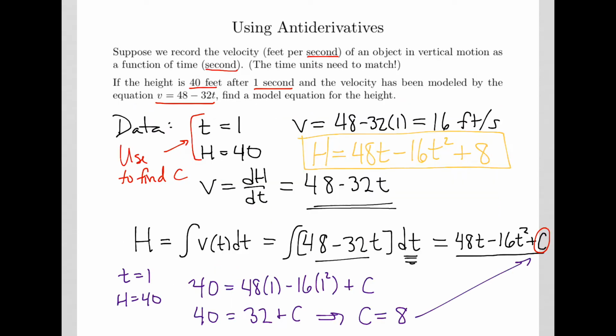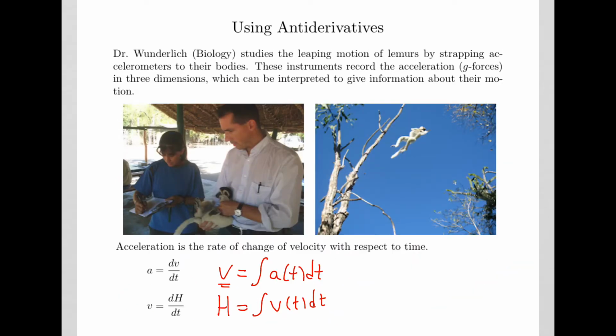Once I calculate velocity, I can calculate my position. Now each time I calculate an antiderivative, there's going to be a constant of integration that I'll have to find. So I have to know something initially, or some data point about each variable. When I integrate acceleration, I'll need to know a velocity at some starting time. Alright, so let's take a look at an example.